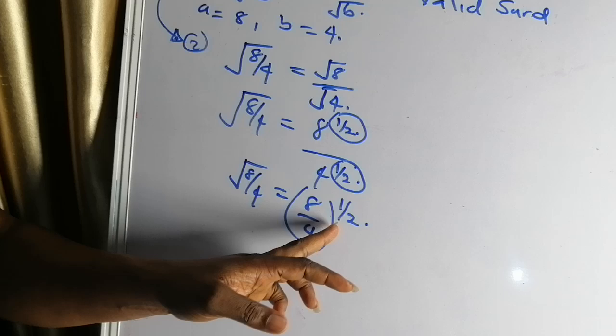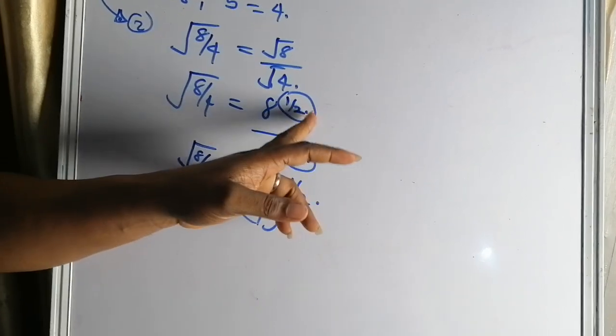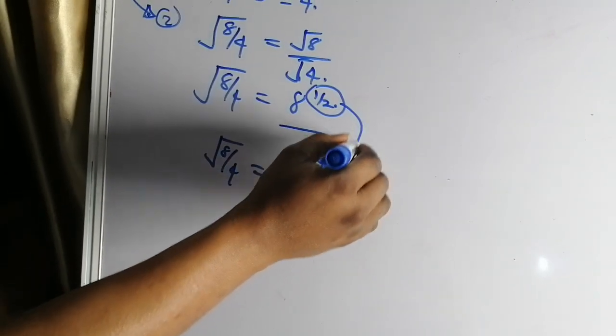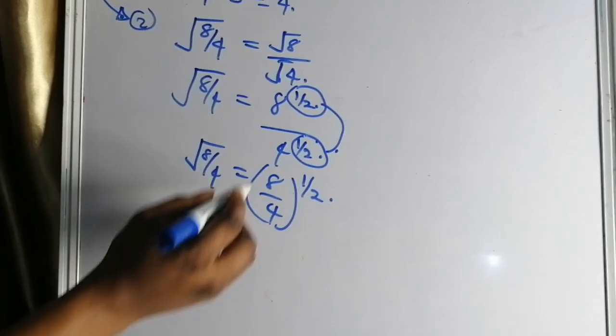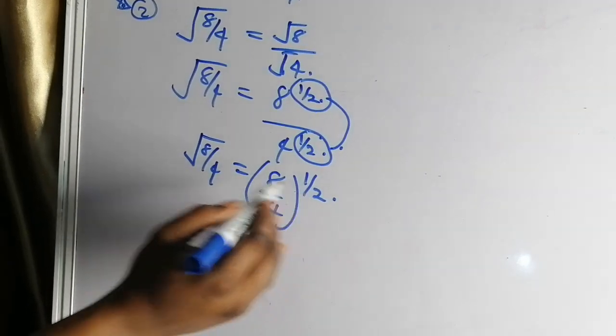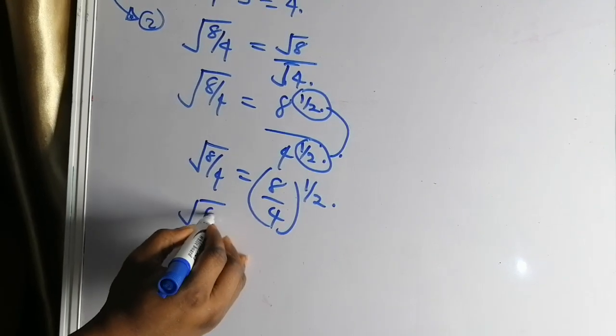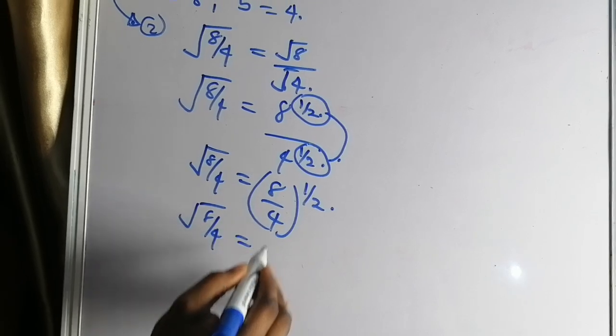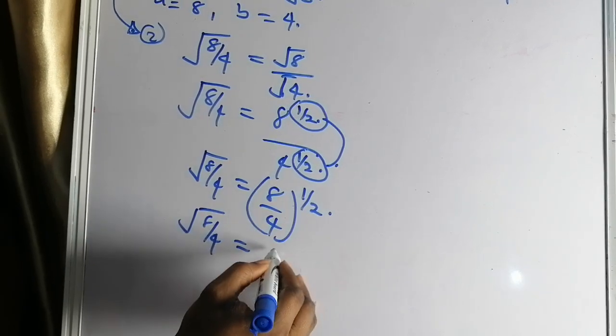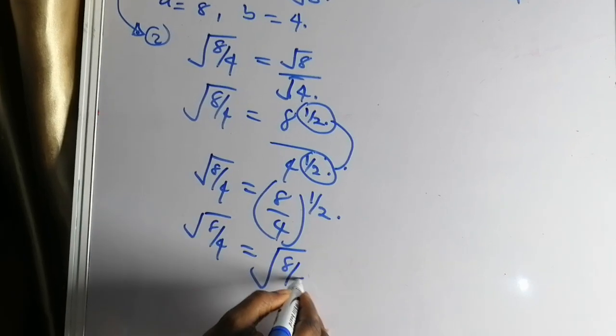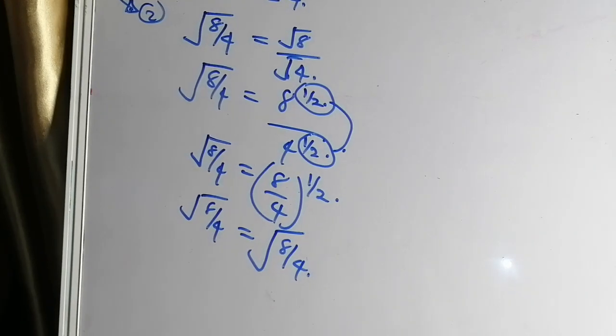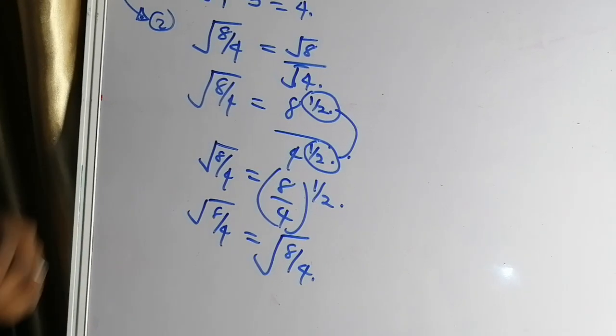That is indices for you. So this is the same thing as the square root of 8 over 4. You can change it back to 8 over 4. Very important, so we just need to note that.